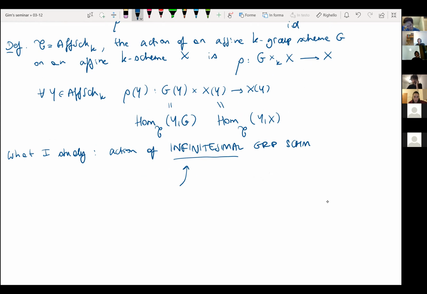An infinitesimal group scheme is a group scheme that topologically is just one point. So G is the spectrum of a K algebra A, and topologically, I will put bars to show that I'm thinking about the underlying topological space, is just one point.